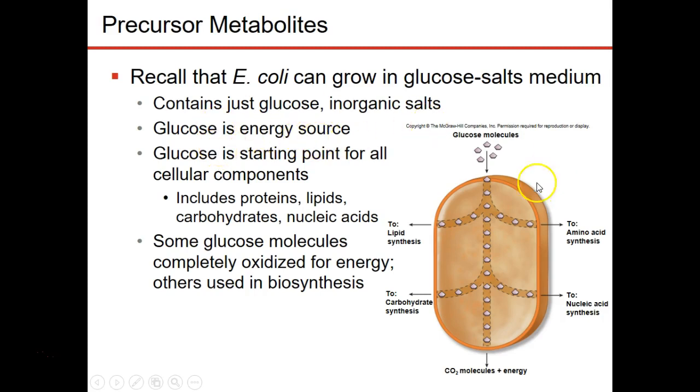Glucose is the energy source that it will use, and glucose can be used to build up amino acids, nucleic acids, fats, and other carbohydrates. But we can also just break glucose completely down to produce energy. And so as glucose enters, any of the molecules that have been modified as they're being modified can break off and move into a biosynthesis pathway instead of the catabolic pathway that it's on.